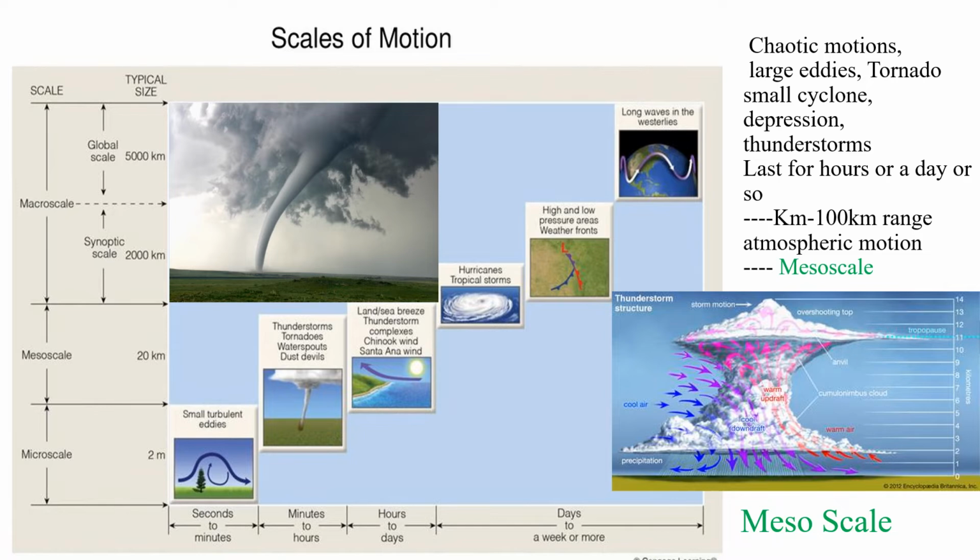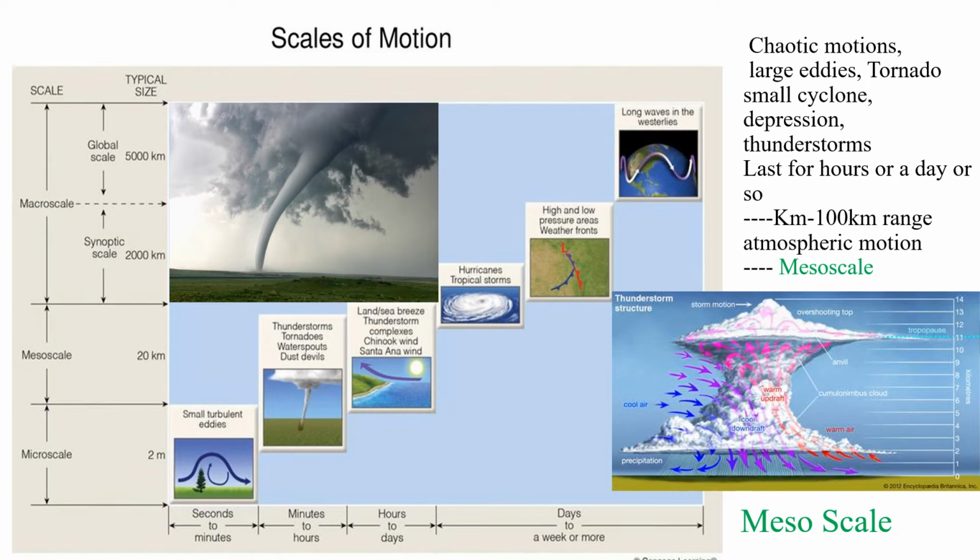Typically, mesoscale circulations range from a few kilometers to about 100 kilometers in diameter. Generally, they last longer than the microscale motion, more often many minutes, sometimes hours, or in some cases, a day.